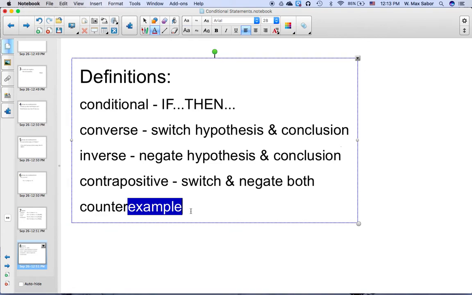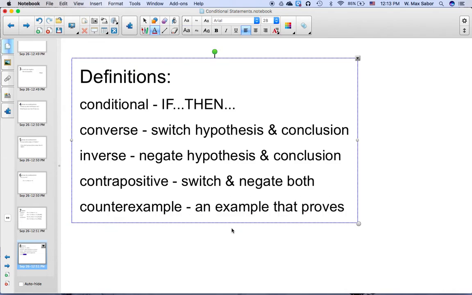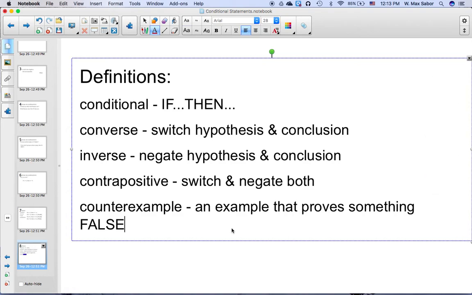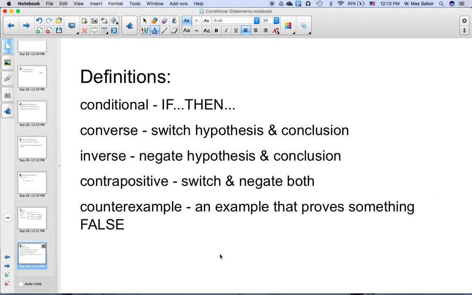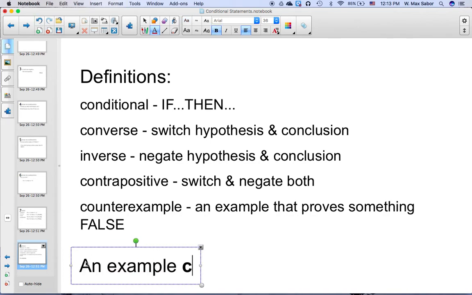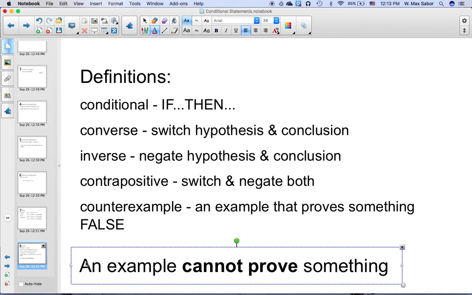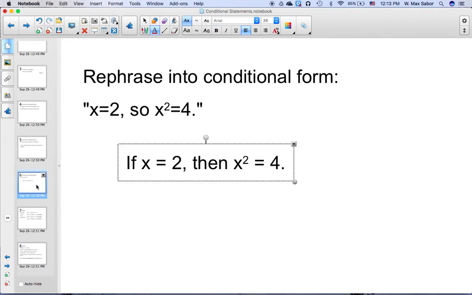A counterexample. Well, it's an example that is counter or against something. So an example that proves something false. Or sorry, an example cannot prove something true. It can disprove, but it cannot prove something to be true.